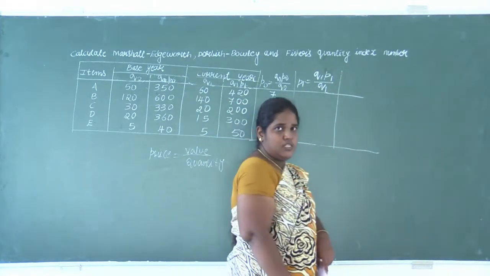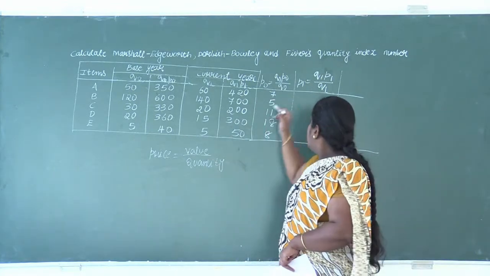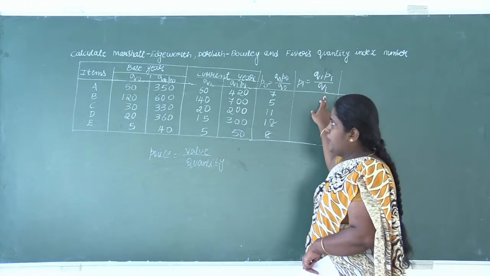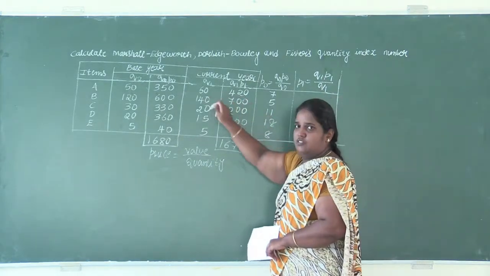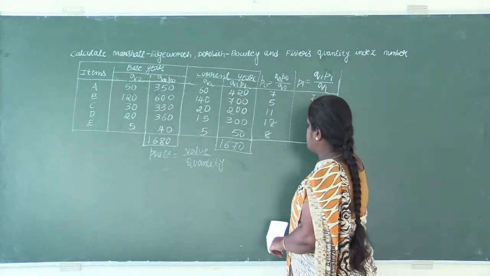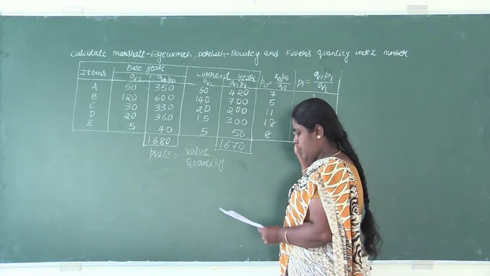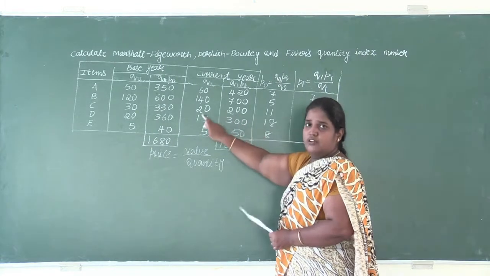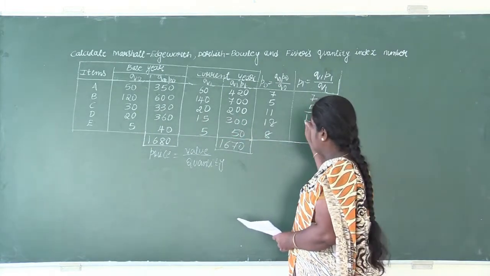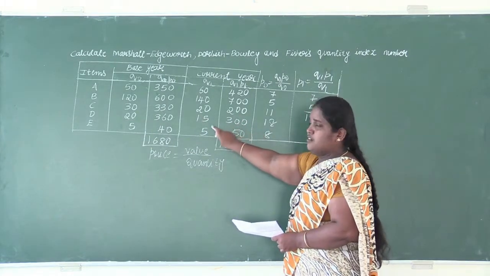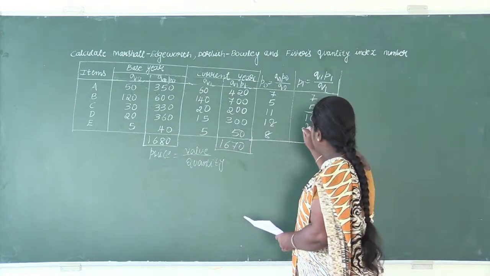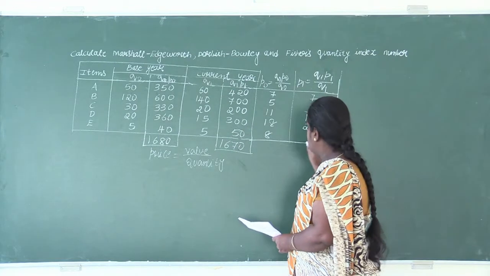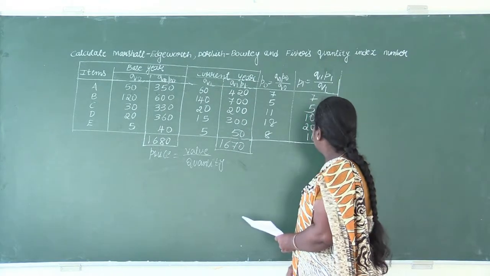So current year price is found by dividing the current year value by the current year quantity. So 420 divided by 60, it is 7. 700 divided by 140, 5. 200 divided by 20, 10. 300 divided by 15, 20. 50 divided by 5, 10.